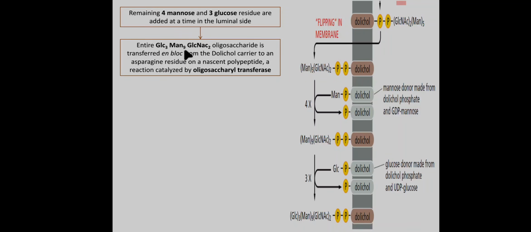The entire 3 glucose, 9 mannose, 2 N-acetyl glucosamine oligosaccharide is transferred en bloc from the dolichol carrier to an asparagine residue on a nascent polypeptide. Leaving the dolichol as a carrier, this unit will get attached to the asparagine side chain of the amino acid of the protein with the help of oligosaccharyl transferase.